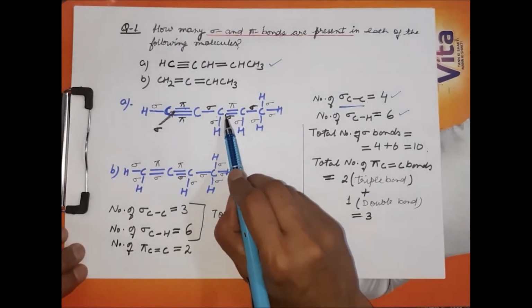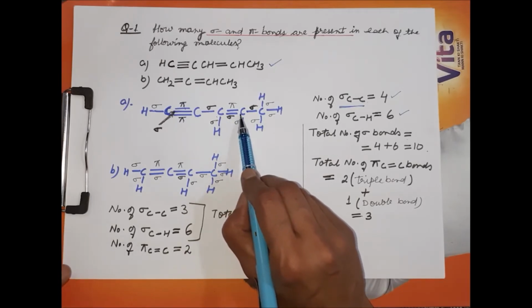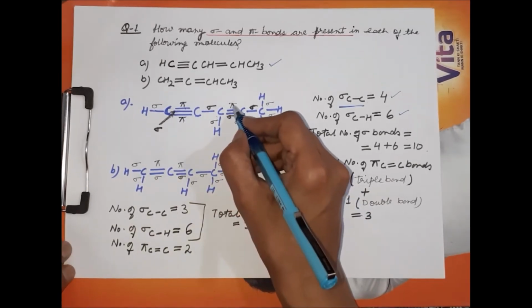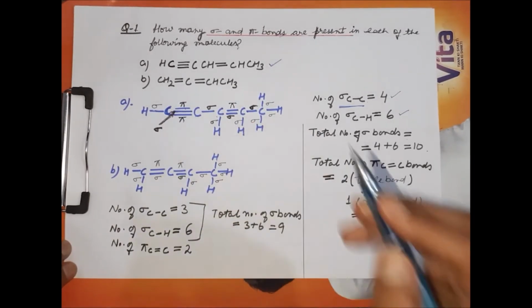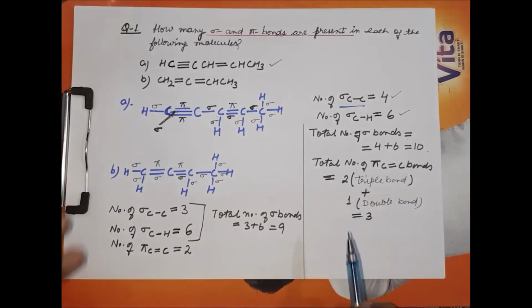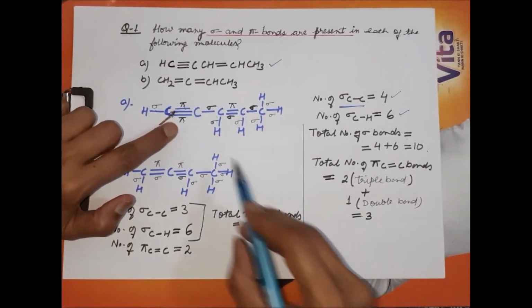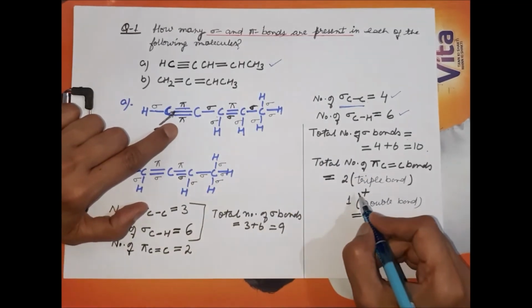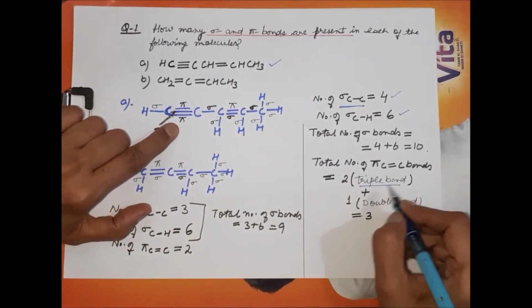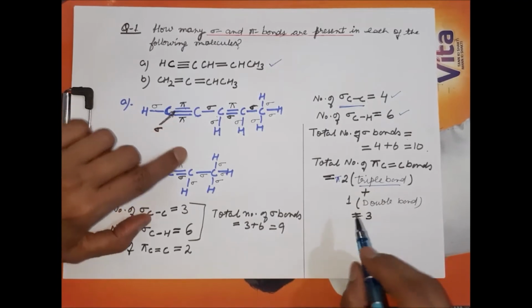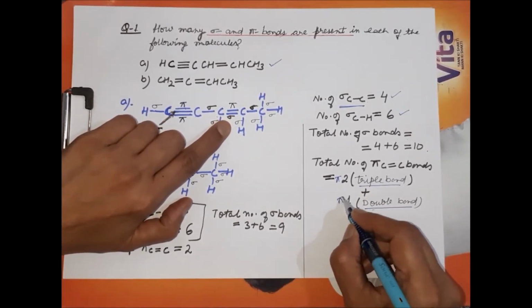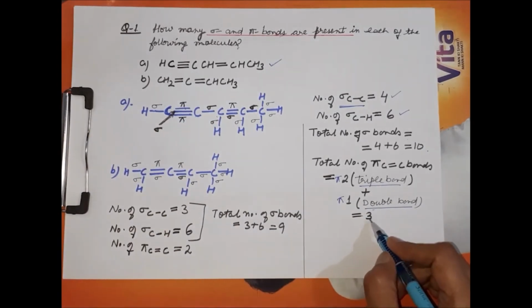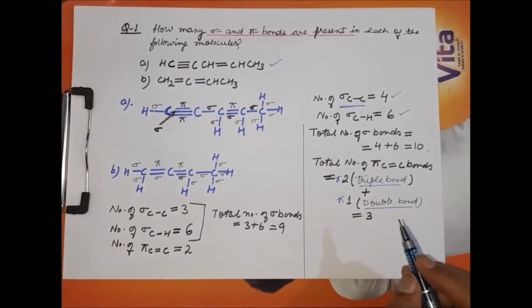And here in this double bond, these two carbons have a double bond, so only one will be sigma and one will be a pi bond. So in this triple bond, pi bonds are 2, and in this double bond, there is 1 pi bond. So the total is 3 pi bonds. In this way we can do it.